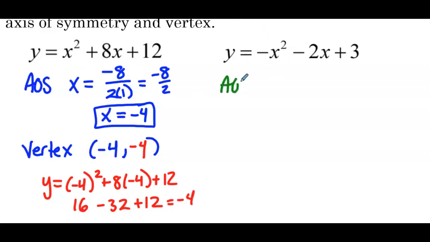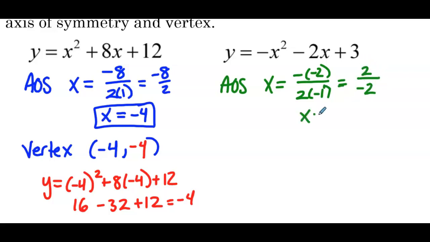Here, axis of symmetry, x equals negative b over 2a. So that's going to be positive 2 over negative 2. So x equals negative 1.